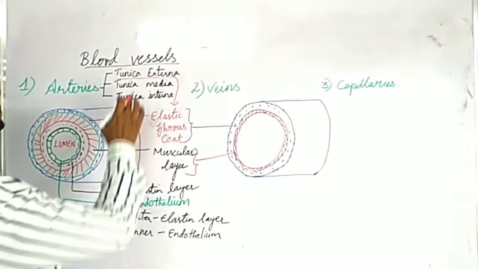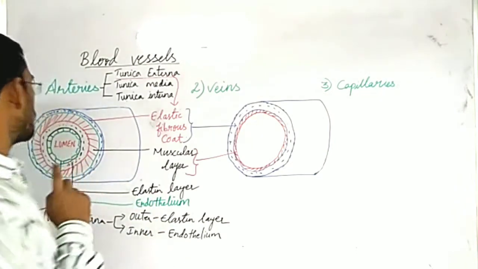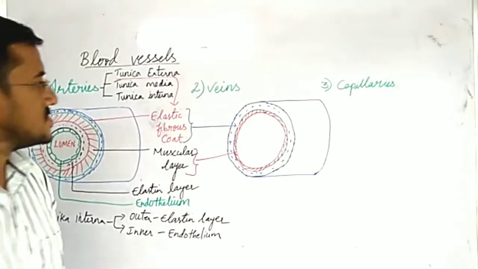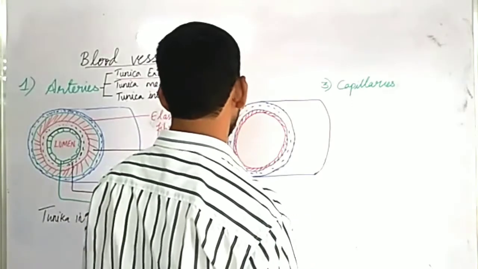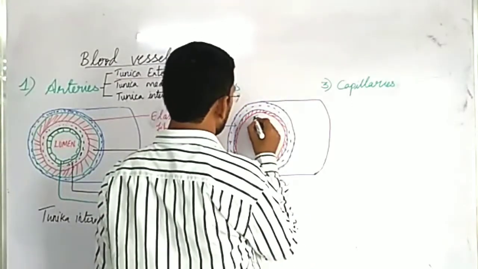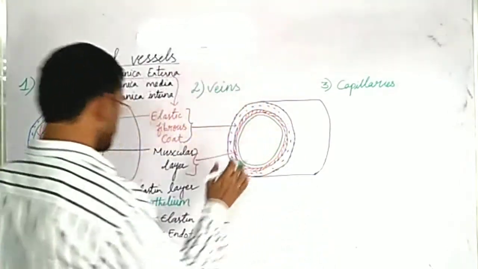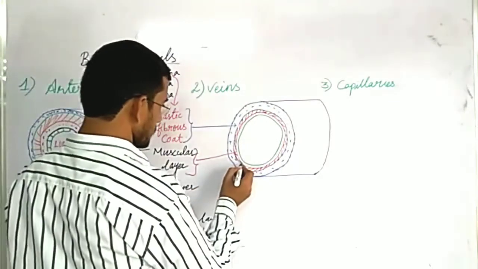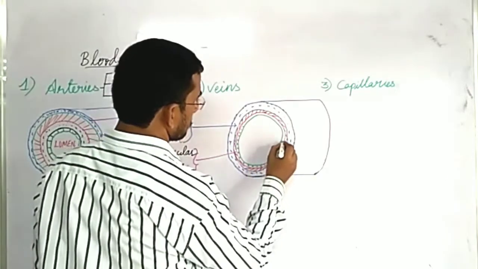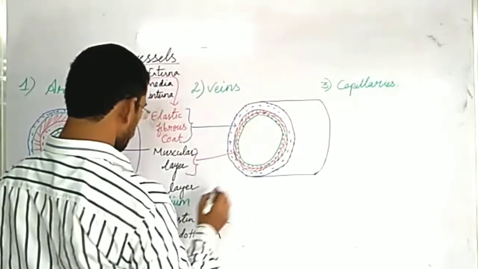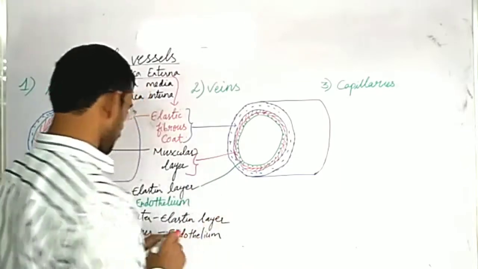Then let us see the third layer, that is tunica interna. This is the outer layer, the elastin layer.